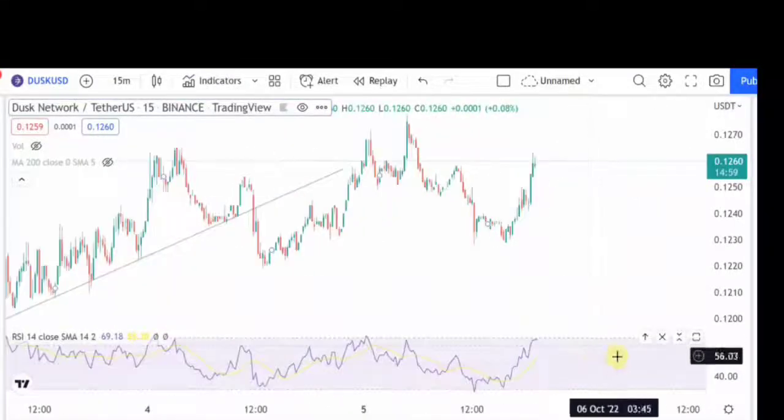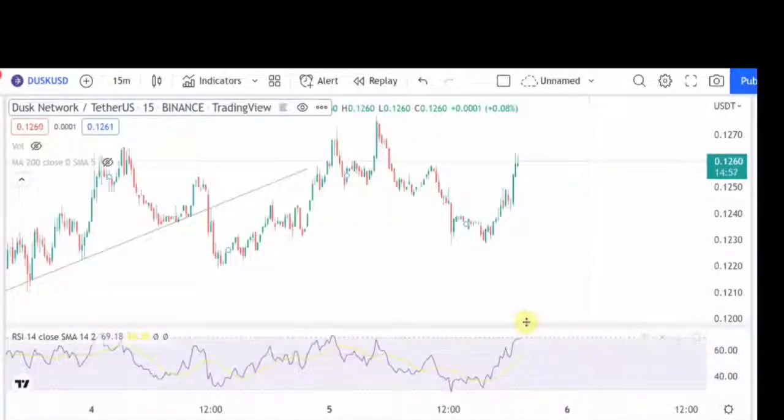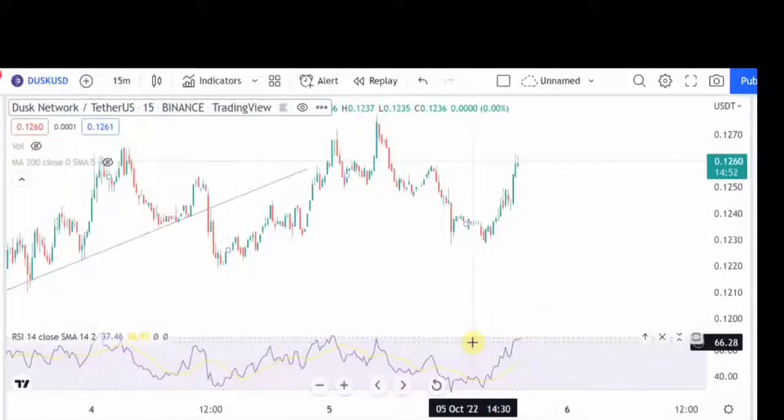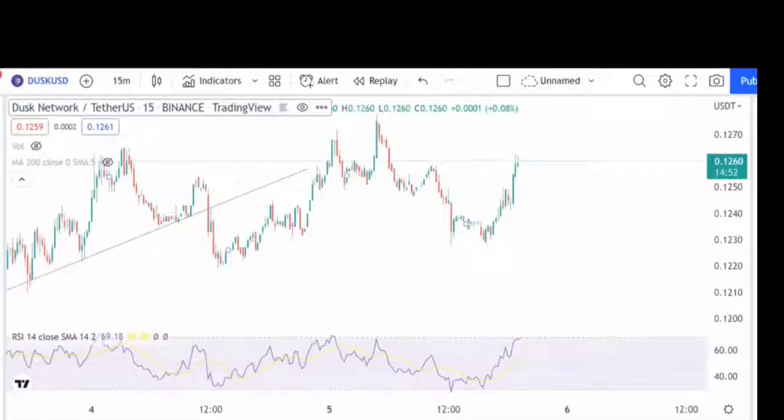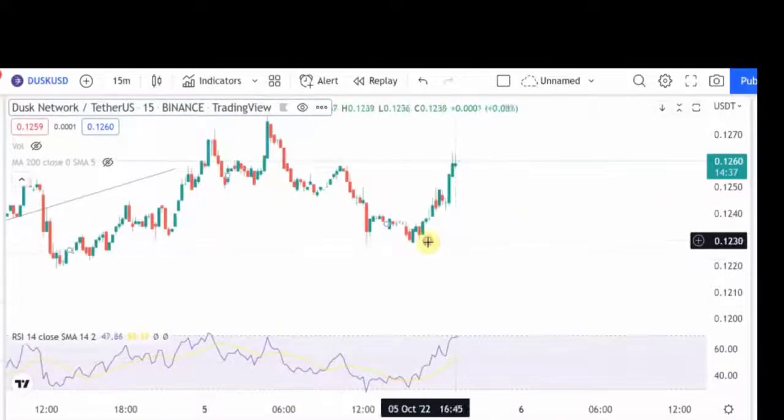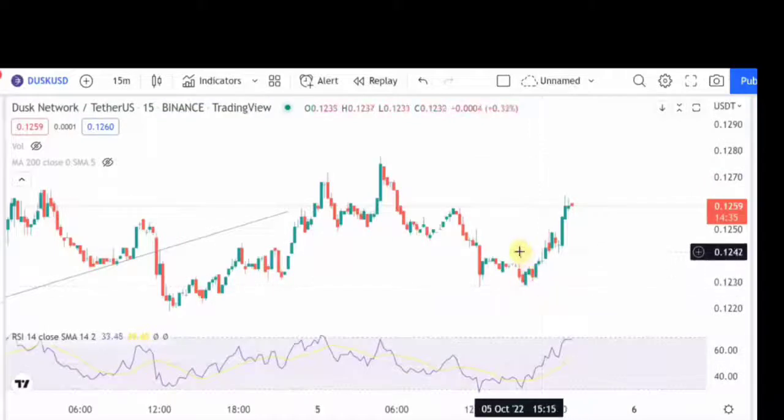This is what we call RSI, and the full meaning is relative strength index. And what is the relative strength index? It is a momentum indicator used in technical analysis. What do we use it for?